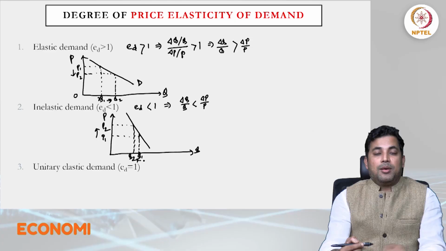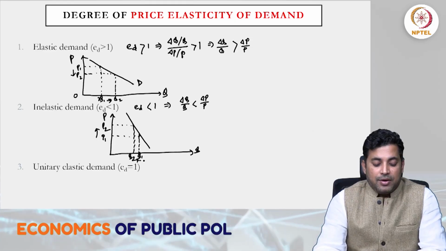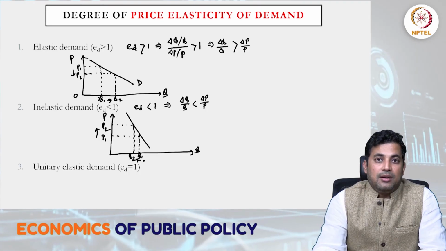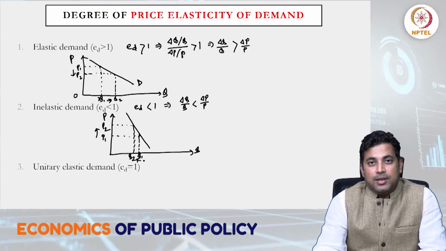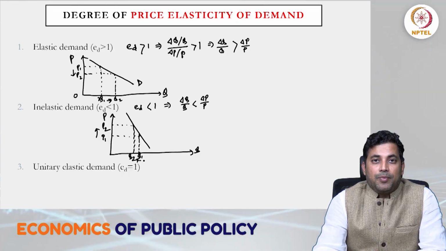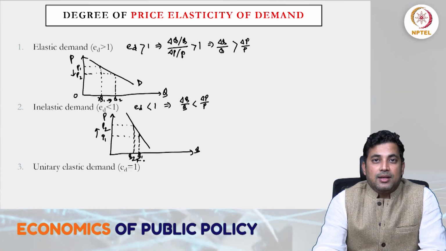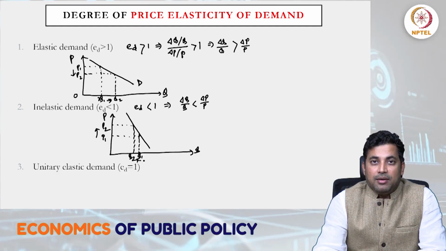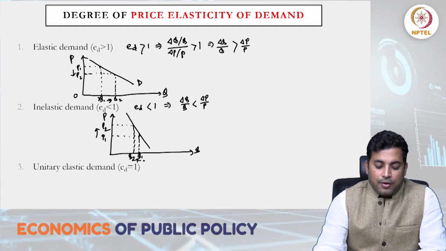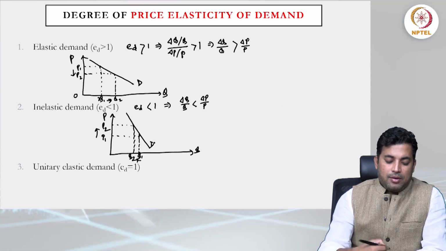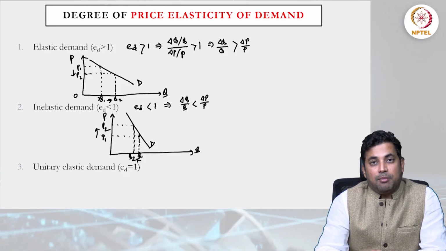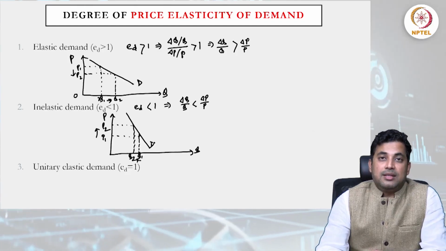For instance, the case for inelastic demand could be demand for necessary goods, or medicines. Even if price increases, there won't be much change in the demand. So for inelastic demand, the curve will be steeper as compared to elastic demand.